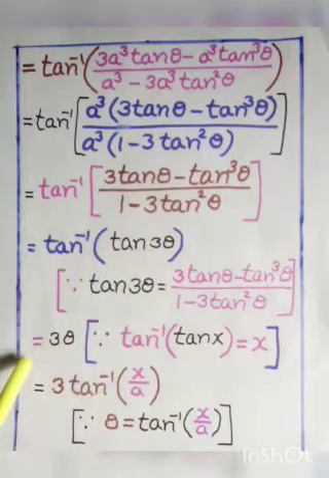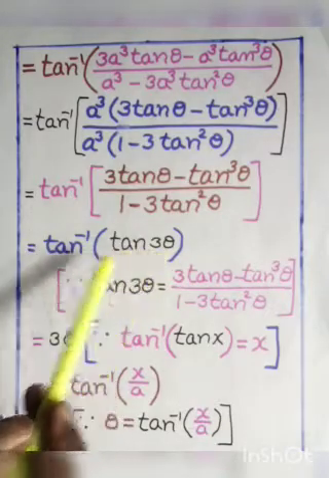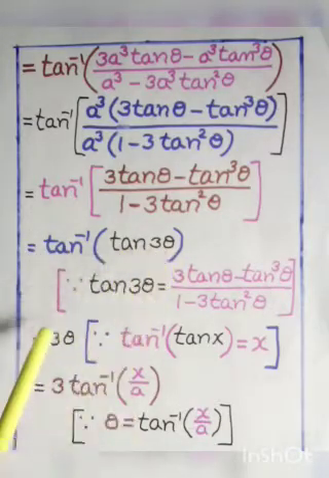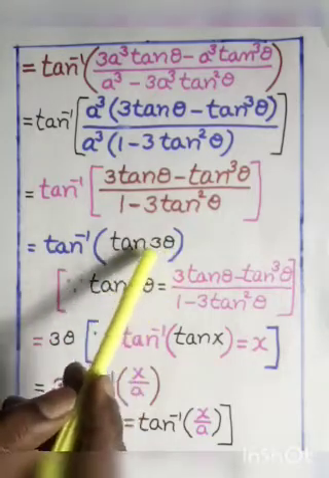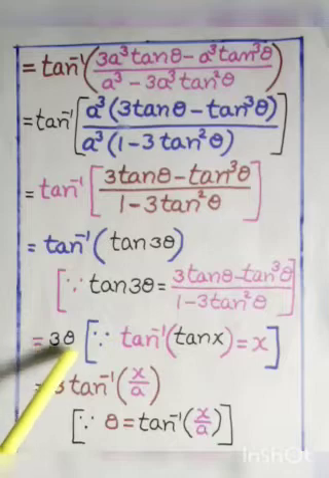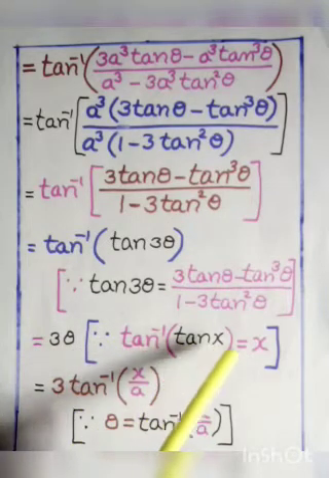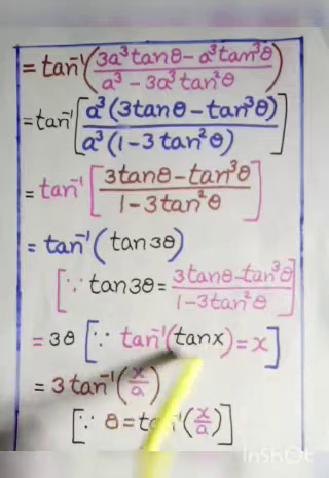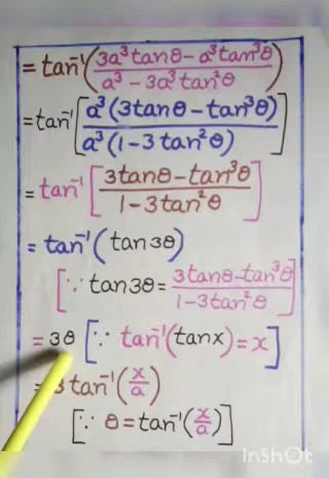That is equal to, it is in the form of tan inverse of tan theta. Tan inverse of tan theta means theta only, or tan inverse of tan x is equal to x only. What is x here? 3 theta. So we get this step 3 theta, because tan inverse of tan x is equal to x. This is a property of inverse trigonometric functions.